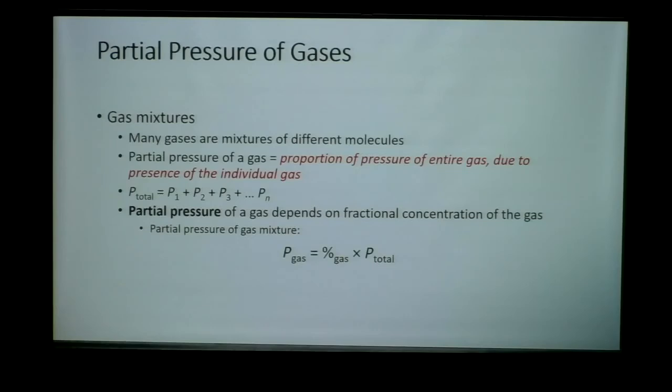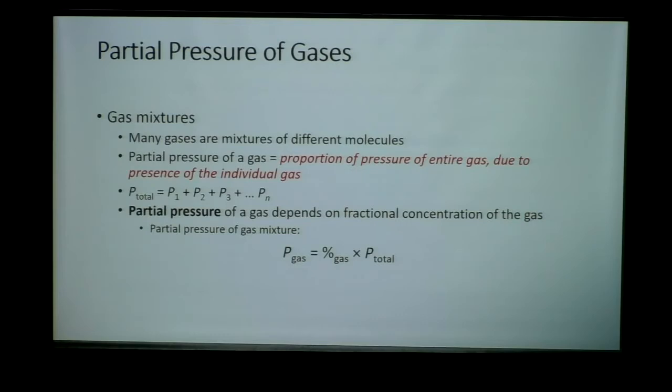Gas such as air and the different gases that are really contributing to the partial pressure of air. So we talked about the fact that if we were looking at the total partial pressure of air, we would have to add the partial pressures of the individual gases that comprise air.